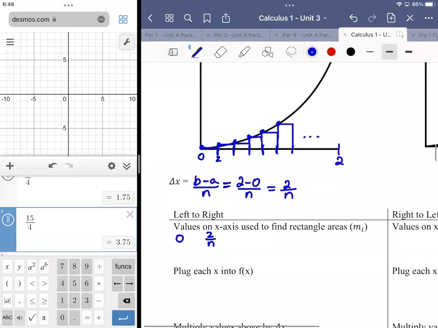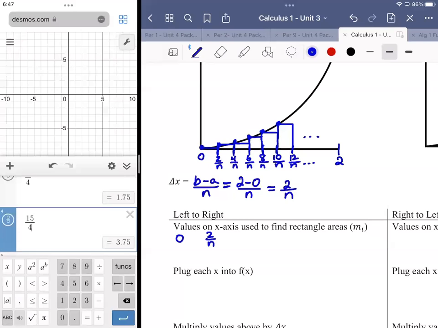So that would be 2 over n. Then I'm going to have 2 of those 2 over n's, which is going to be 4 over n, 6 over n, 8 over n, and so on, 10 over n, 12 over n, and so on down the line, all dependent on how many steps I'm going to go, right?